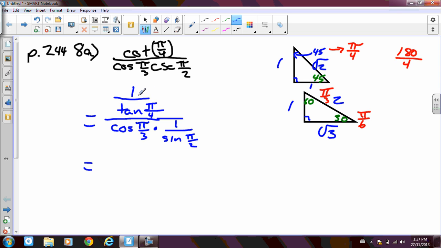Okay, so 1 over tan of pi over 4. Tan of pi over 4, again, tan of 45 is opposite over adjacent, which is just the number 1. So what I'm going to do is rewrite this, leaving blanks for now wherever I'm plugging in values.